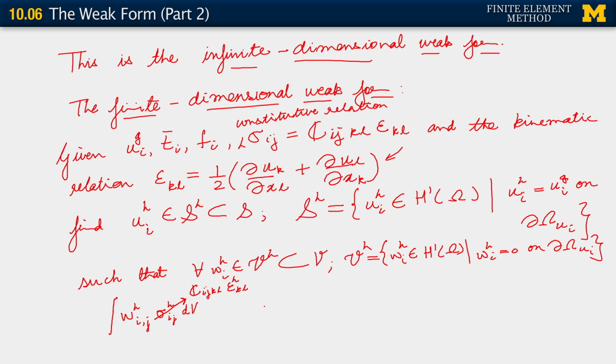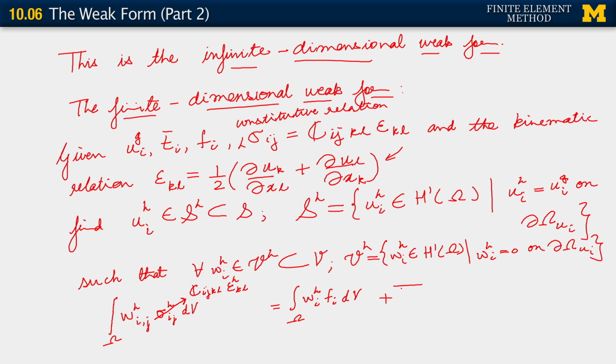This is equal to the integral over omega of w^h_i f_i dV. Remember that as before, we do not consider finite dimensional versions of f. The f is part of the data and we take it as given.